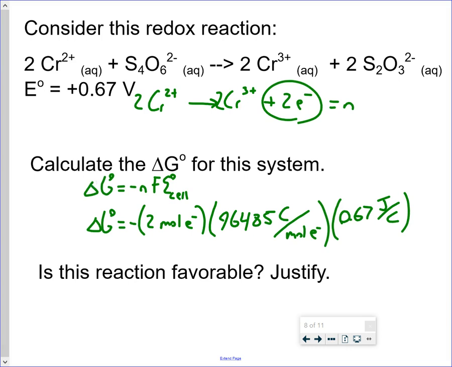Okay, so we plug all that in. Moles of electrons cancels. Coulombs cancels. And we're left with a value of delta G that's just simply going to be equal to joules, which again makes sense. Our value of Gibbs free energy should always be in joules or kilojoules. Okay? If you plugged all that in, you're going to get a value of delta G equal to negative 1.3 times 10 to the 5th joules.